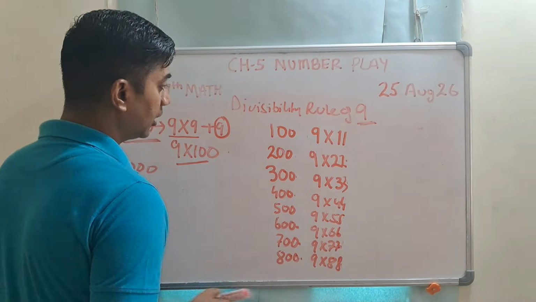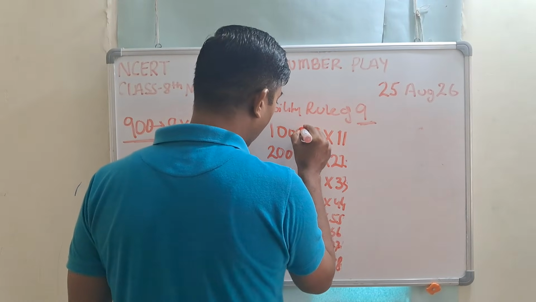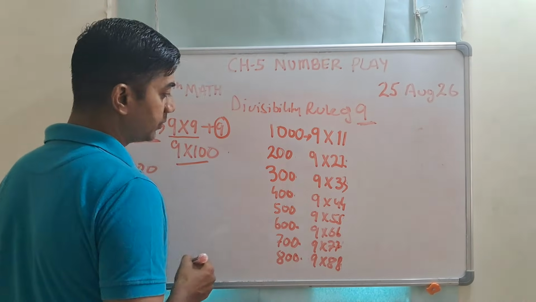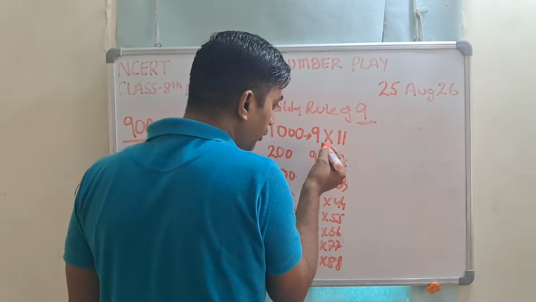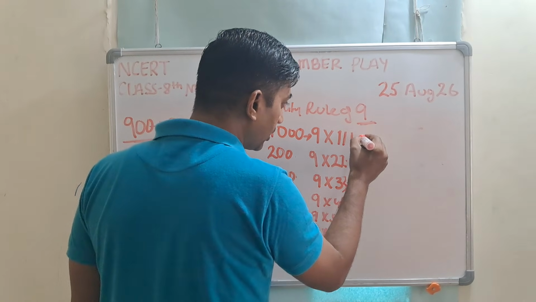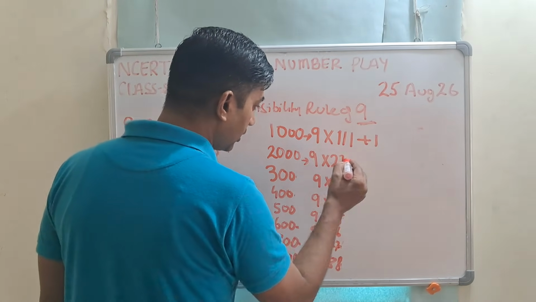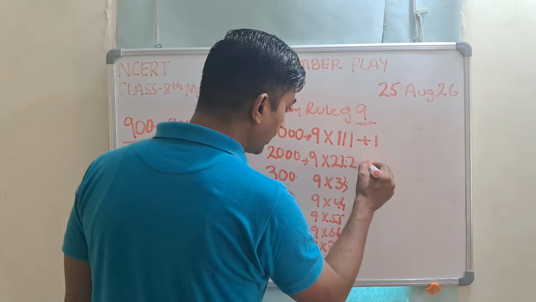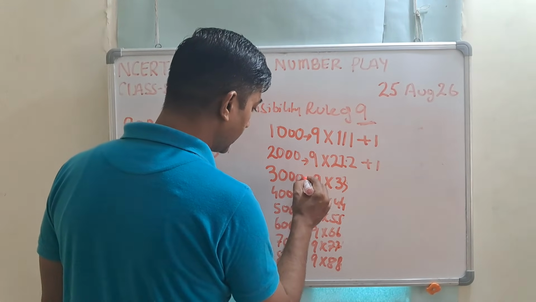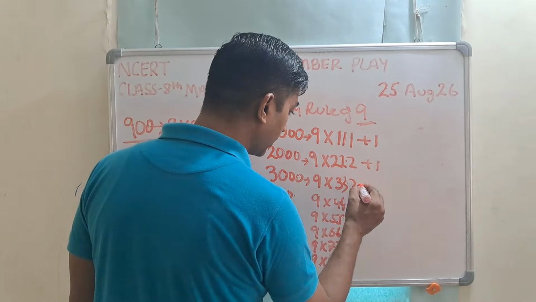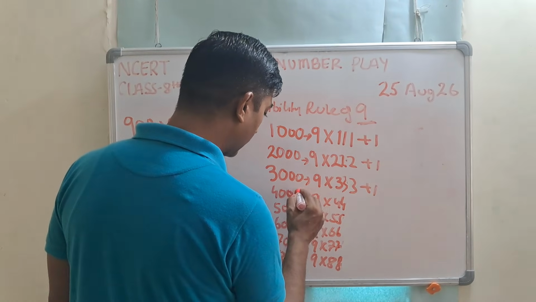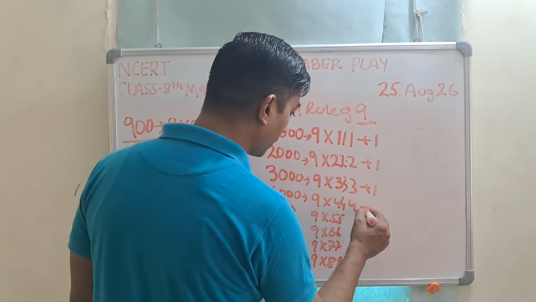See, now we are expressing 1000. How will we express it? 1000 is 9 into 111 plus 1. 2000 is 9 into 222 plus 2. 3000 is 9 into 333 plus 3. 4000 is 9 into 444 plus 4.